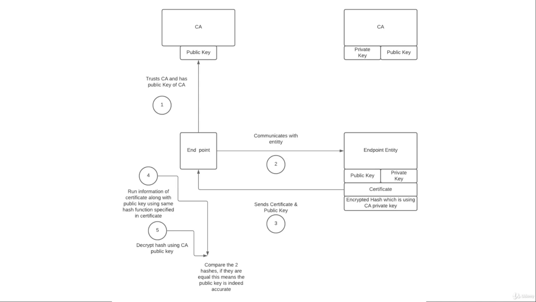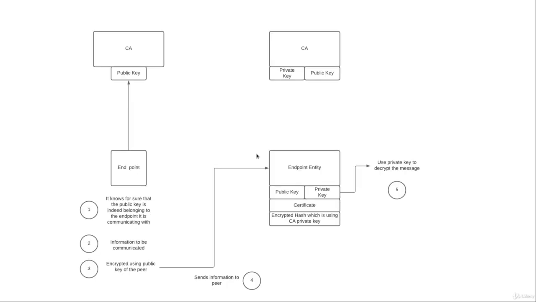It's also able to run the same hash function. It compares the two hashes. If they are equal, this means the public key is genuine. Now that the initiating entity verified the public key of the recipient, it has full confidence that there is no one eavesdropping on the conversation.